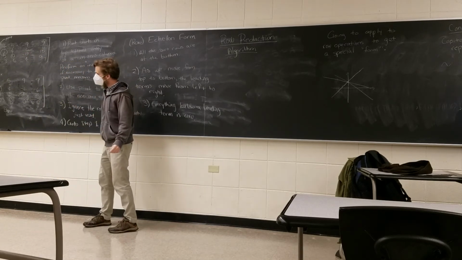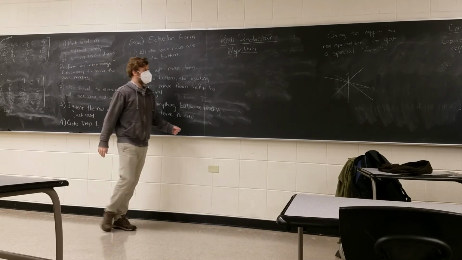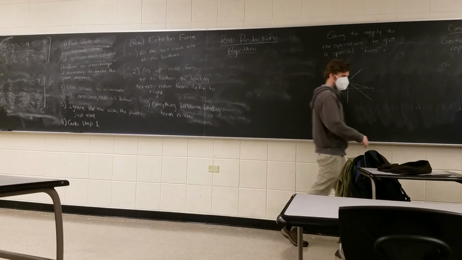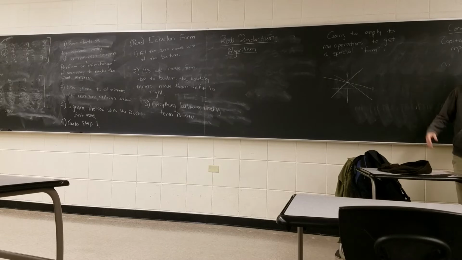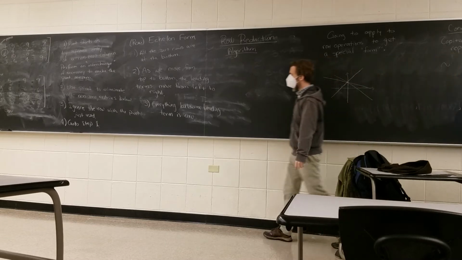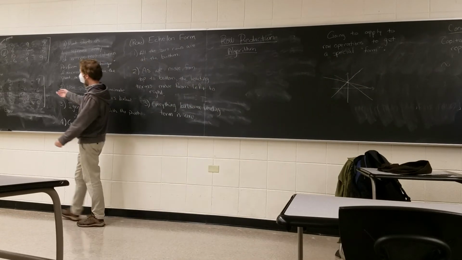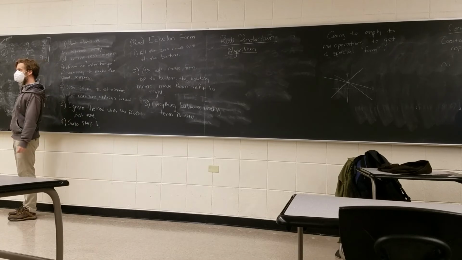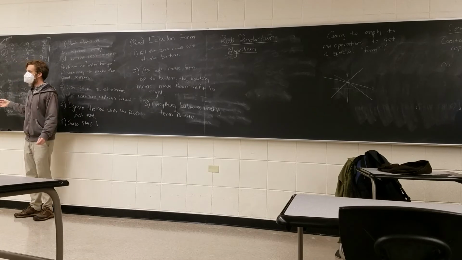Okay, so maybe now what we want to do is go back in the other direction. It's nice that we've almost turned this into a game, right? It's like a puzzle, and we're just solving a puzzle.